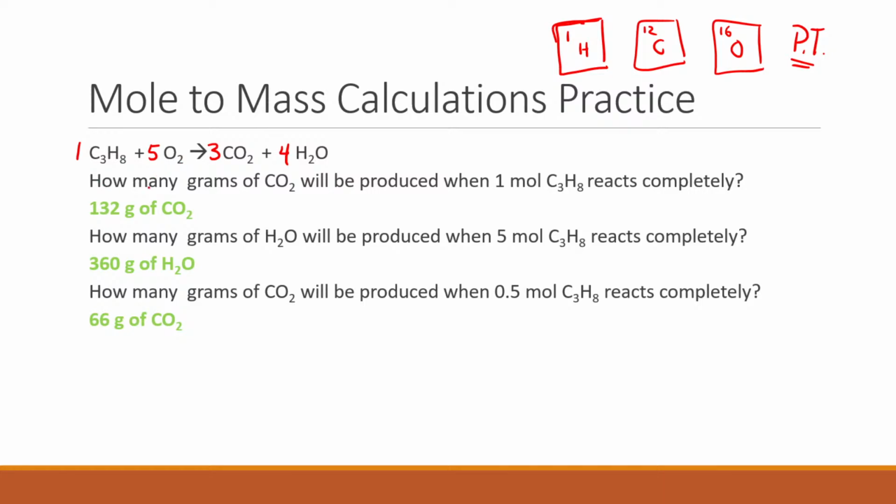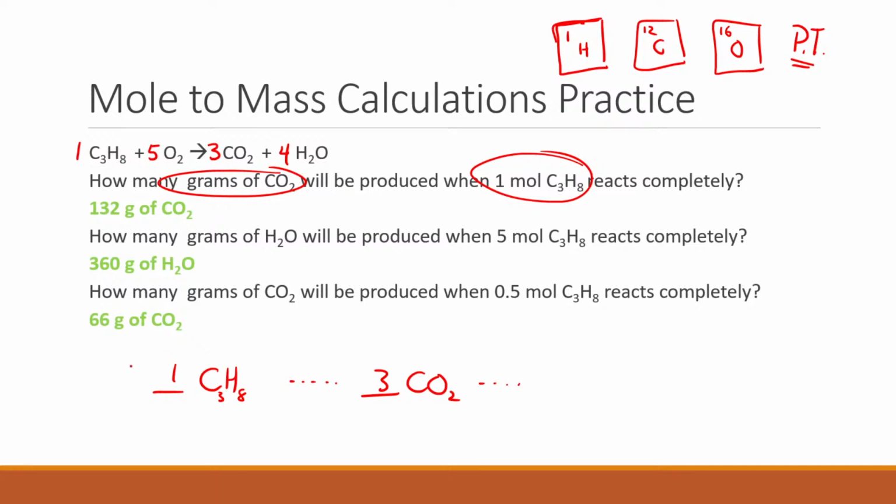Our first question says 1 mole of C3H8. So we're going to pull out just the important pieces here. Right, we're looking at C3H8 and carbon dioxide. So we're going to leave everything else out and just pull out the important bits from our balanced equation. 1 mole of C3H8 is going to give me how many moles of carbon dioxide. In this case, same numerator and denominator means same numerator and denominator.